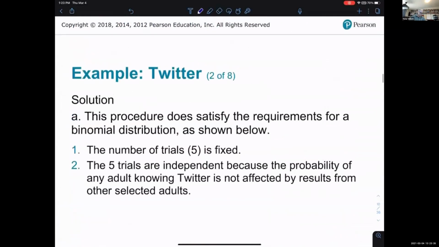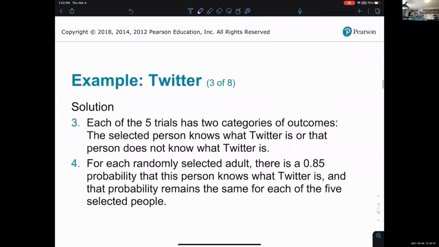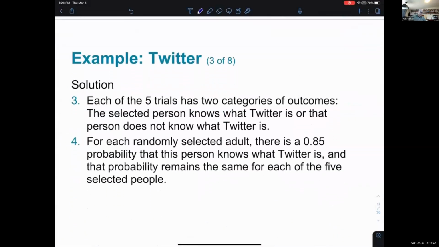All right, so first, the procedure does satisfy requirements for a binomial distribution as shown below. 1, there's a fixed number of trials, 5. 2, these are independent events. Picking somebody on one trial has no effect on when I pick somebody the second time. So they're independent from each other. 3, each of the 5 trials has 2 categories of outcomes, success and failure, where knowing what Twitter is, or not knowing what Twitter is, are our success and failure.